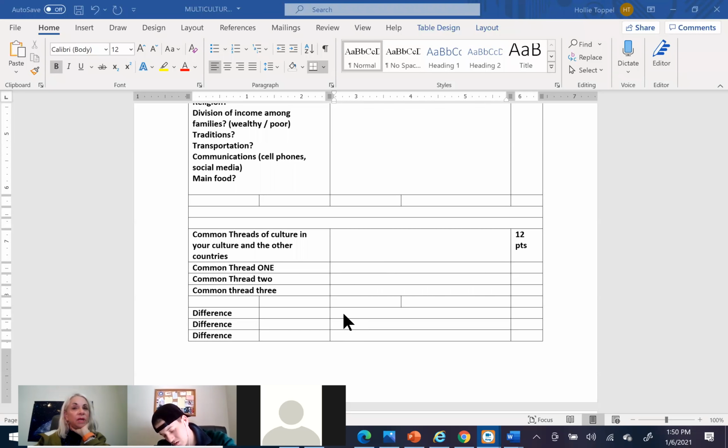A difference would be, I know in a lot of Asian and European countries, at grade 7 or 8, you have to take a test to see whether you're going to advance to college or to a career, and what specific area your career will be. That's a difference. The common thread would be that they do go to school.